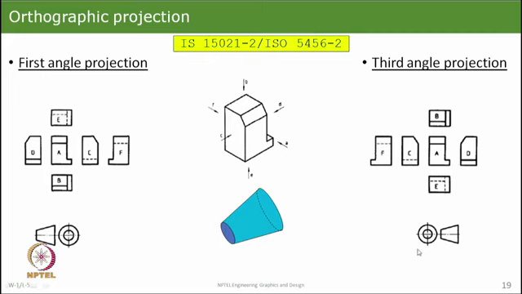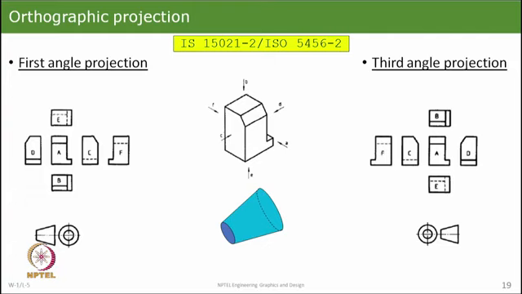There is no ambiguity once we know what projection angle is used. Globally, corporations and designers everywhere use both projections in equal measure. So, as someone who makes drawings, we have to be familiar with making drawings in first angle, making drawings in third angle, and interpreting others' drawings the way they have made them, first or third angle.